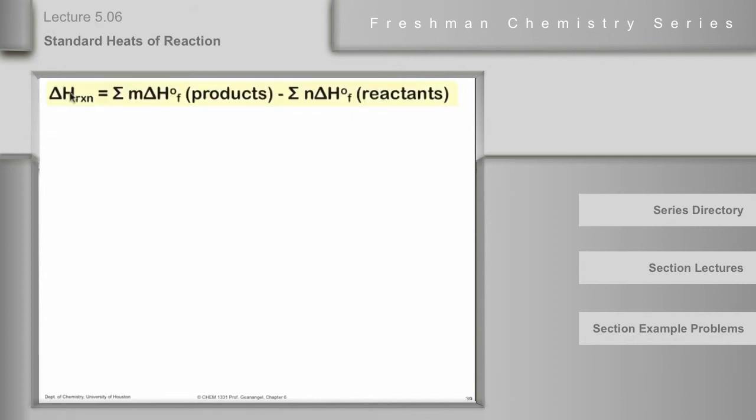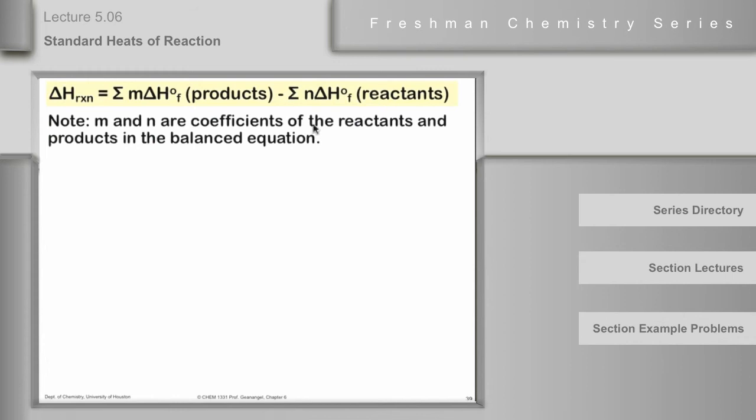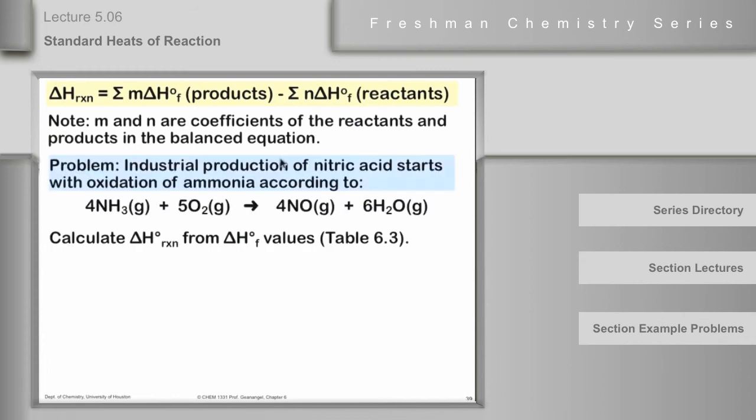So here it is written out for you. Delta H reaction is the summation of the coefficient for each product times the delta H of formation for that product, minus the summation of the coefficient, n is the coefficient for reactants, times the delta H of formation of the reactants. And it works like this. m and n are the coefficients, so we need them in the actual calculation.